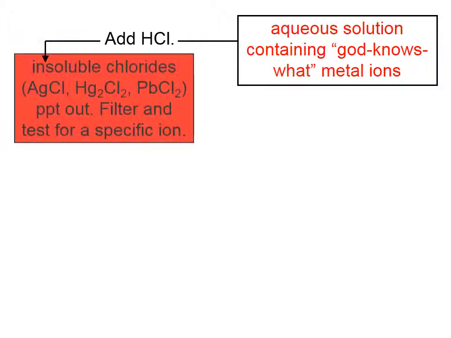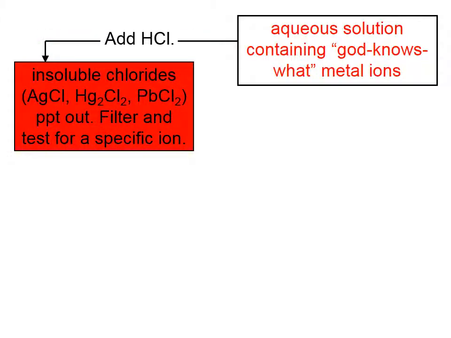Let's say in the upper right corner here that we have an aqueous solution containing God knows what metal ions. If we add HCl to this solution, there are certain things that will precipitate out if the metal ions are present.